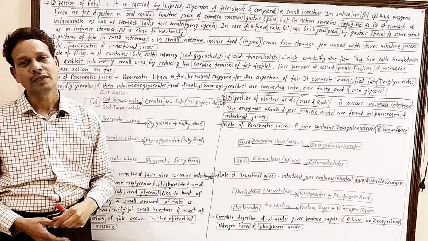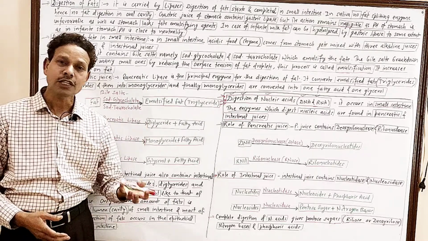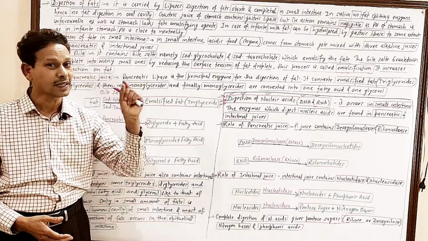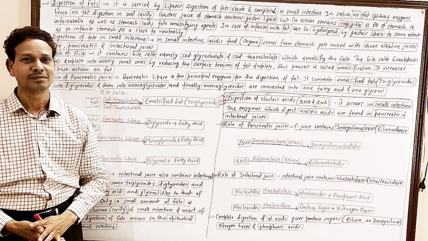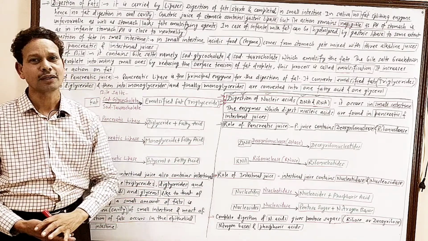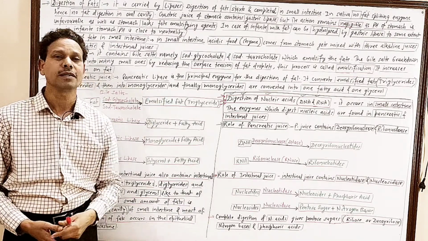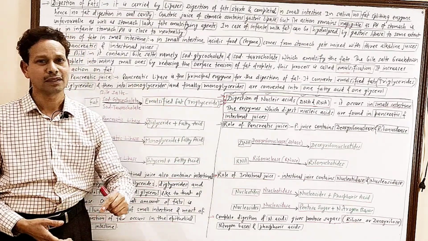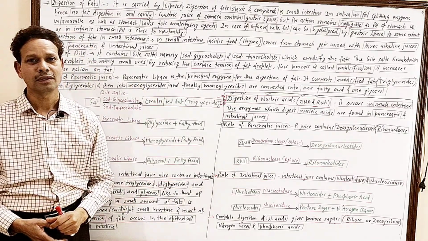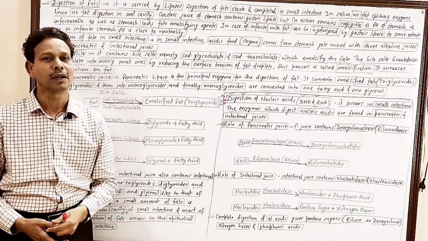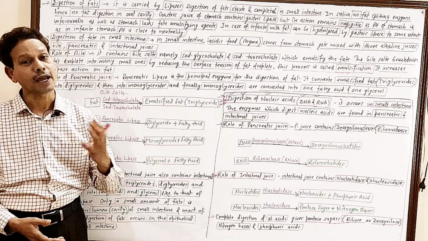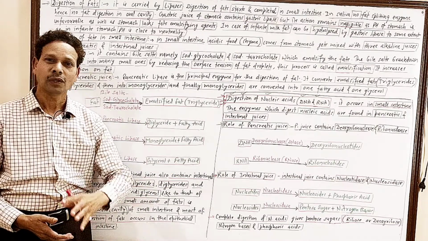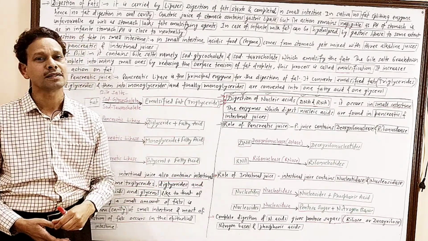In the stomach, the gastric juice is present, and that gastric juice contains gastric lipase, but its action remains almost negligible, because in the stomach the pH is unsuitable for the action of gastric lipase, as well as there are no emulsifying agents in the stomach.